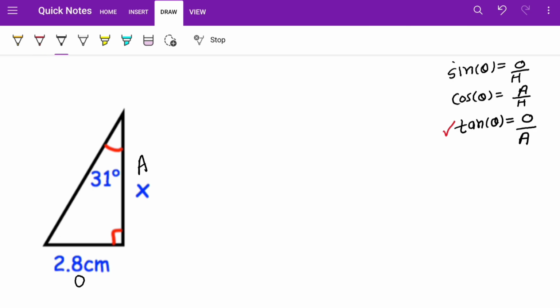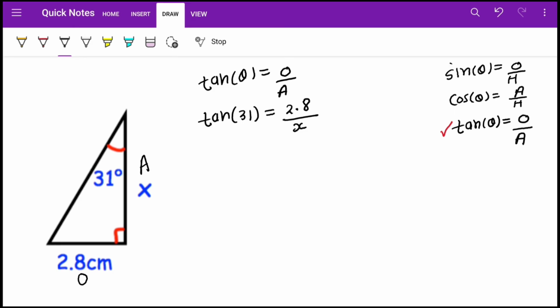So tan theta is given by O over A. So tan 31 is equal to 2.8 over X, where A is given by X. So we want to make X the subject. So we times X on both sides. So this X cancels out. So we are left with X times tan 31 equals 2.8.